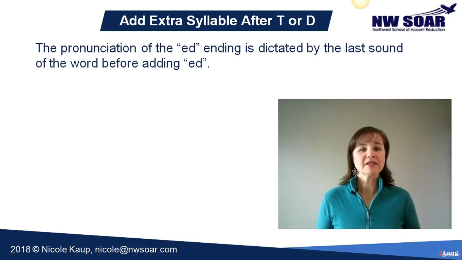But more often, the E in the ED is silent, and it is pronounced as D or T. In this lesson, you're going to learn when to use each pronunciation so your English sounds correct and smart. The pronunciation of the ED ending is dictated by the last sound of the word before adding the ED.